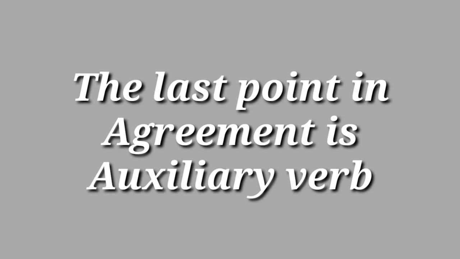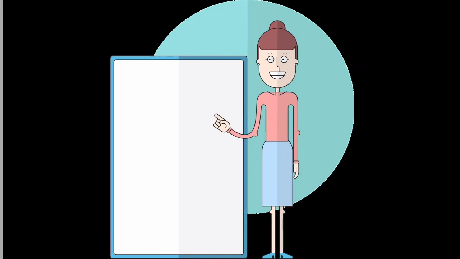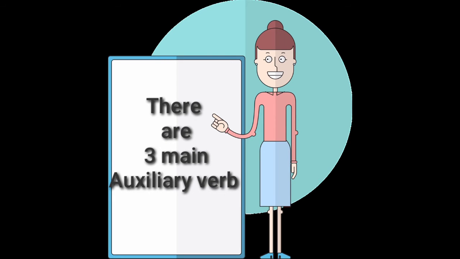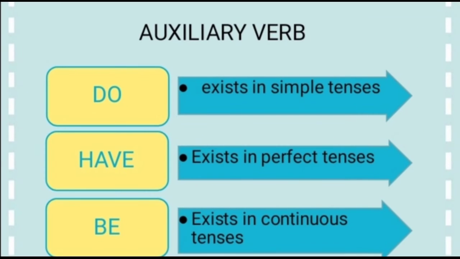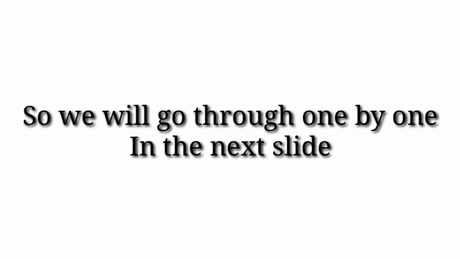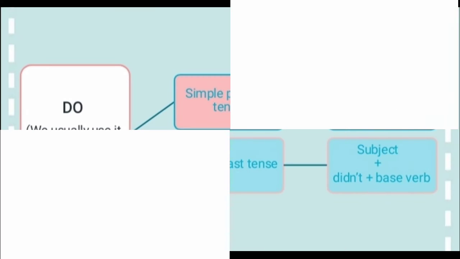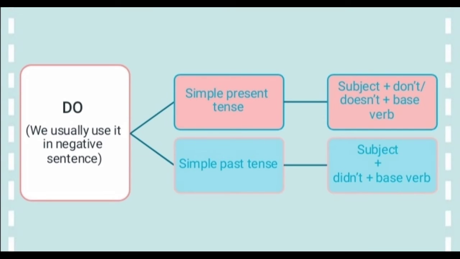The last point in agreement is the auxiliary verb. There are three main auxiliary verbs, which are do, that exists in simple tenses, be, that exists in continuous tenses, and have, that exists in perfect tenses. So we will go through them one by one in the next slide. The first one is do.